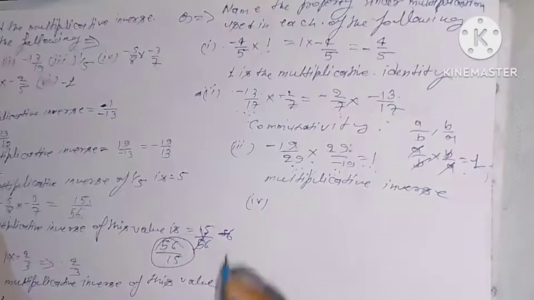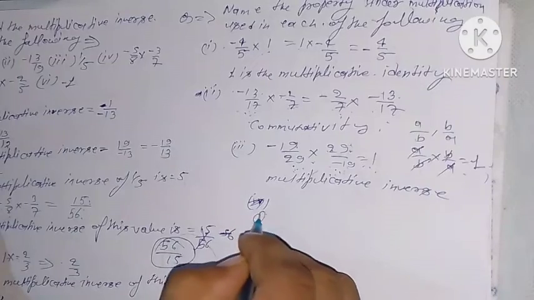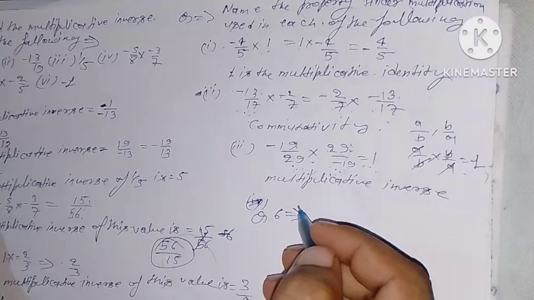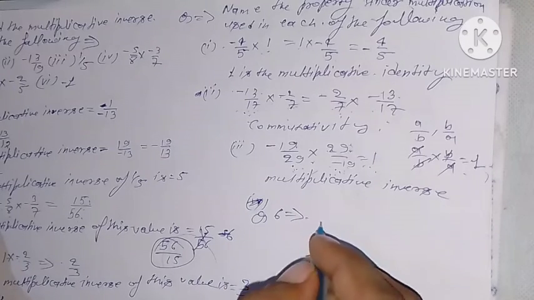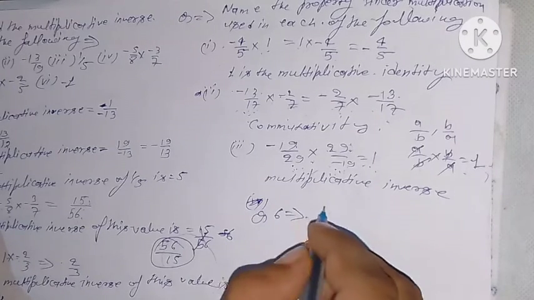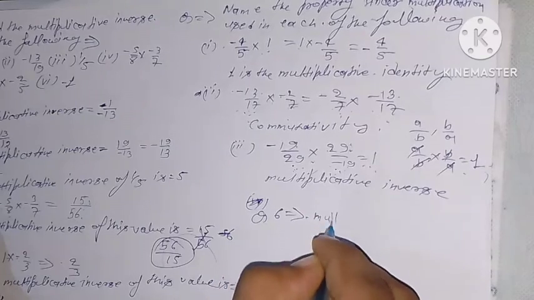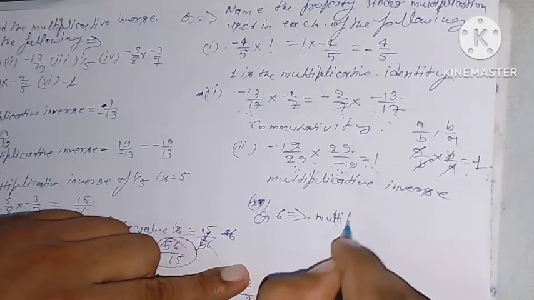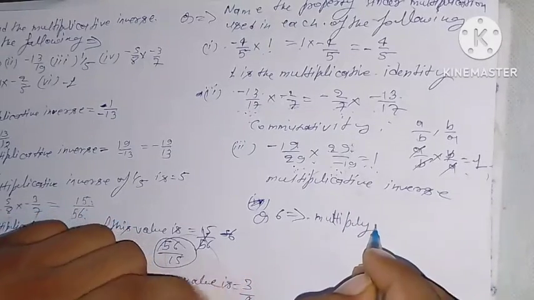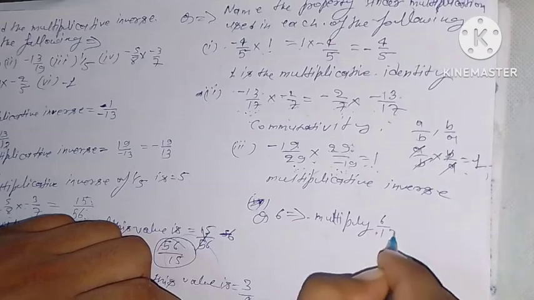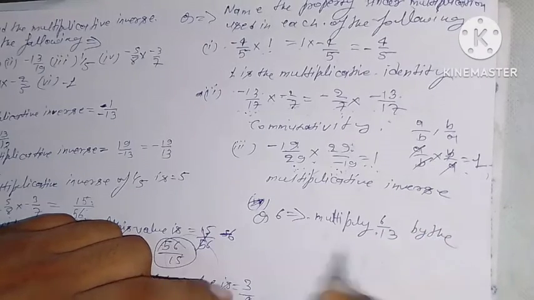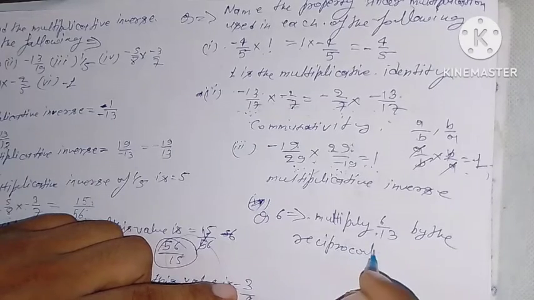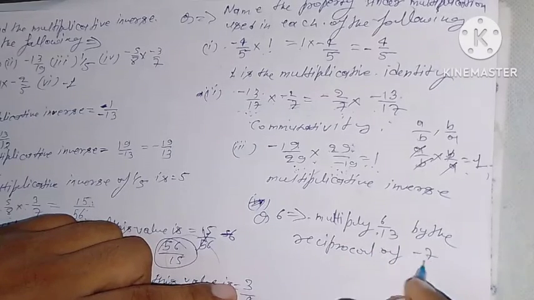And question number 6: multiply 6 upon 13 by the reciprocal of minus 7 upon 16.